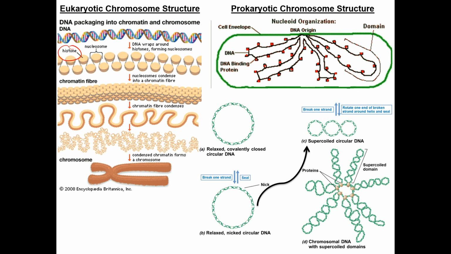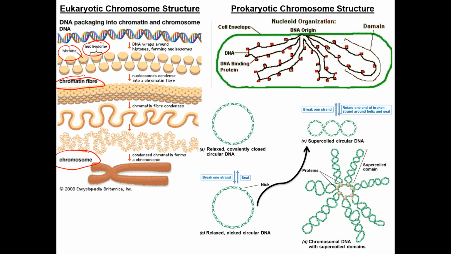As the DNA coils around these histone proteins, it makes up something called a nucleosome, which is basically the DNA and a histone protein. These nucleosomes collectively coalesce together and make up what we call chromatin. This chromatin can condense and become more coiled, and will form the chromosome when it's condensed.